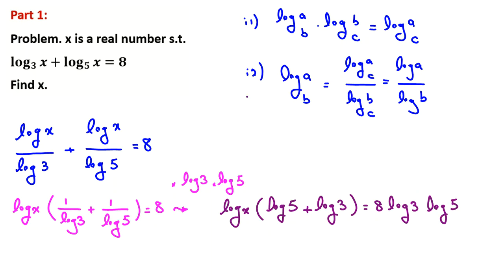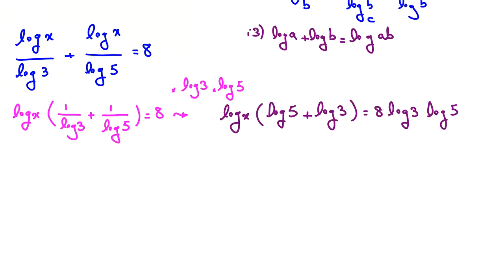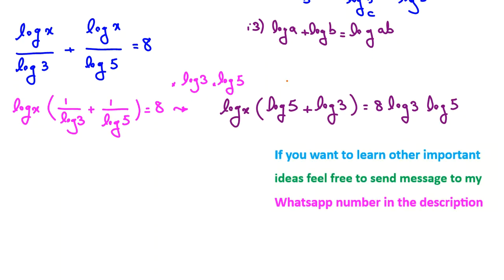Now, for this part, we should use another identity: log a plus log b when bases are equal equals log ab. If you apply identity or idea 3, we can say log x times, here, log 5 plus log 3 is log 15, equals 8 times log 3 times log 5.